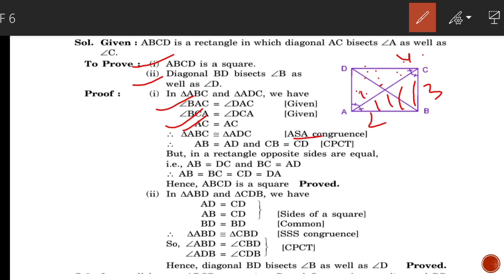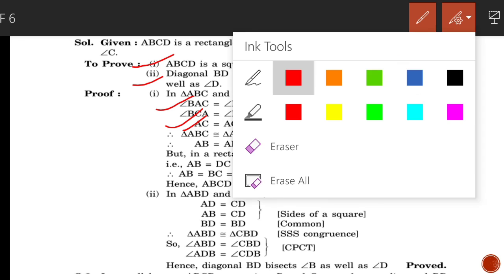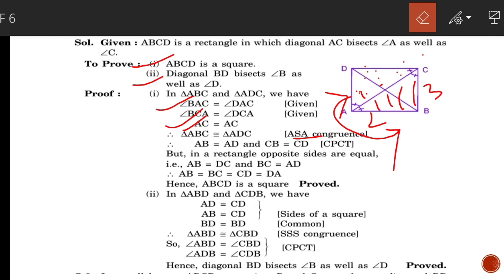Since the triangles are congruent, we can say AB is equal to AD and CB is equal to CD. Then it is said that it is a rectangle. In a rectangle, opposite sides are equal.